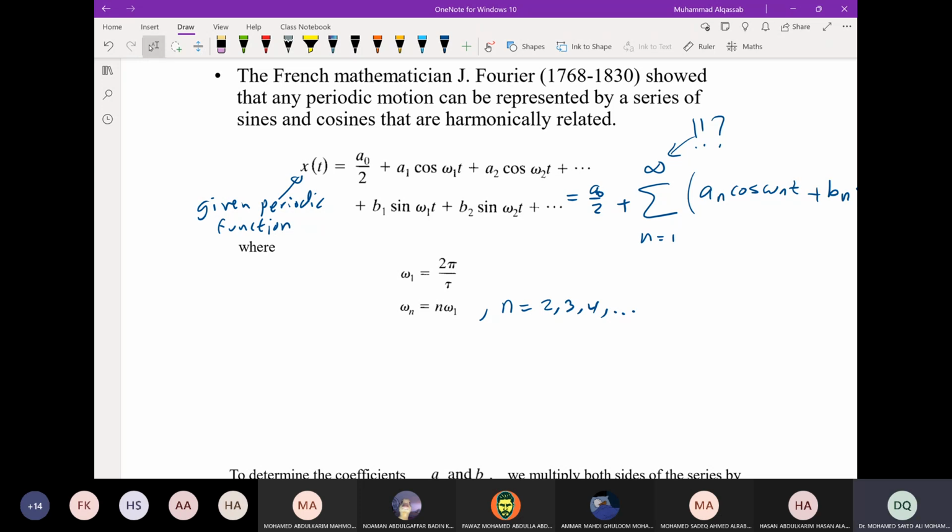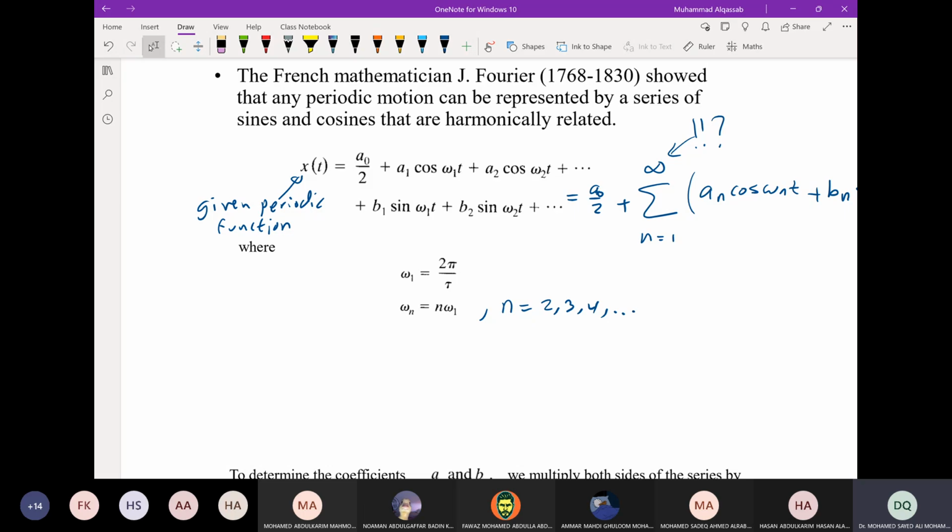So in general, any periodic function can be represented by Fourier series. It is called Fourier series, named after the person Fourier.